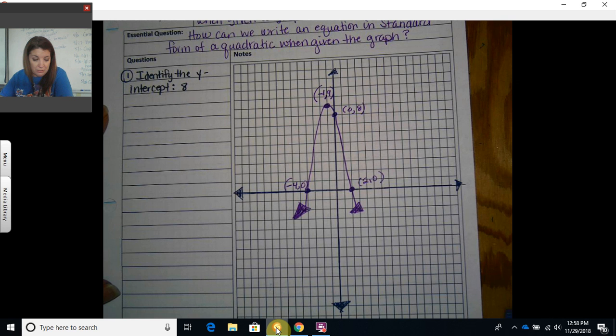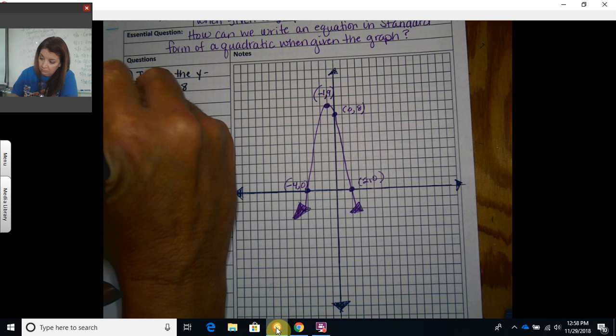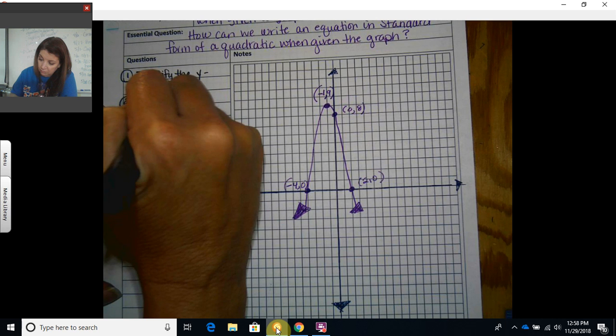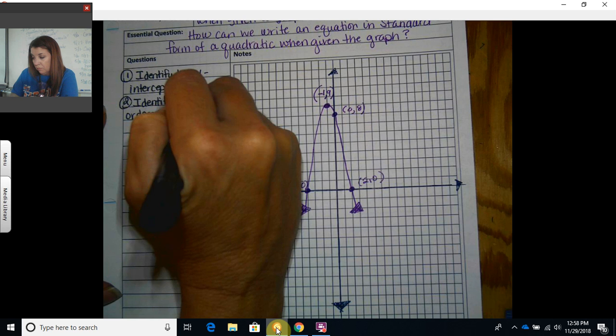Step 2. Identify 2 other ordered pairs by looking at the graph.